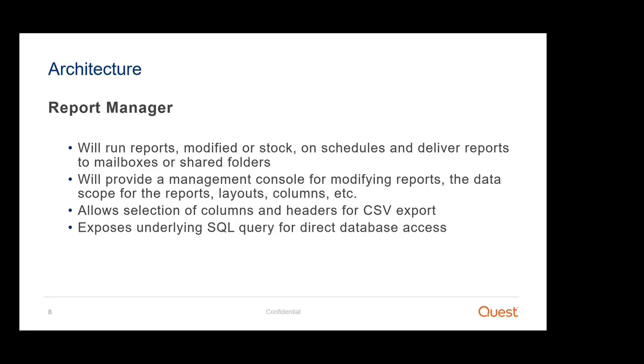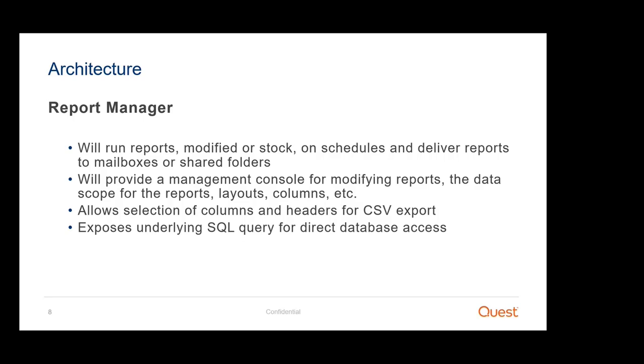There's a typical process that most of my users go through of running a report, having it render, and then trying to export it to CSV. That comes out in a fully formatted report in a CSV. It doesn't look good, but there's other options in Enterprise Reporter that can help export that CSV data quickly and easily. And then, of course, it also can expose the underlying SQL query for direct database access.